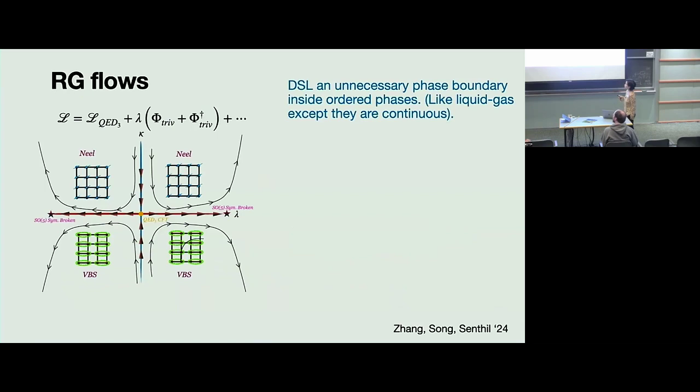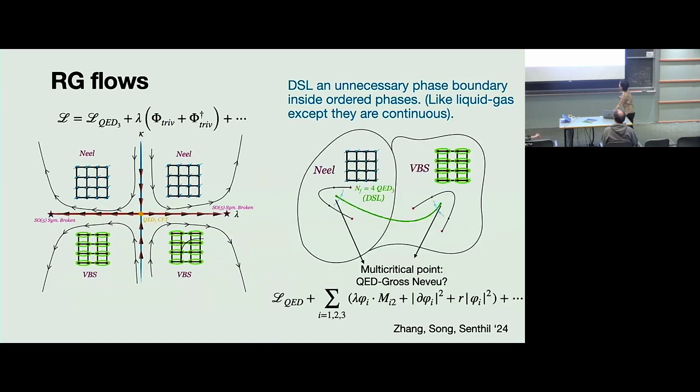And either sign of lambda doesn't affect the eventual ordered phase we are in. So the Dirac spin liquid hence is an unnecessary phase boundary inside this ordered phase.